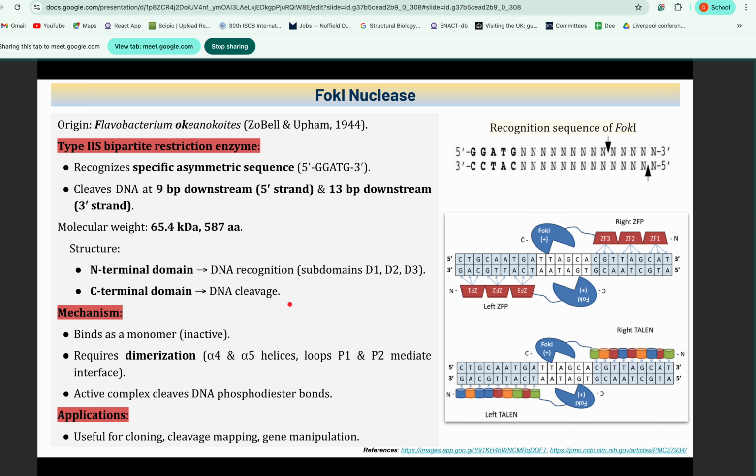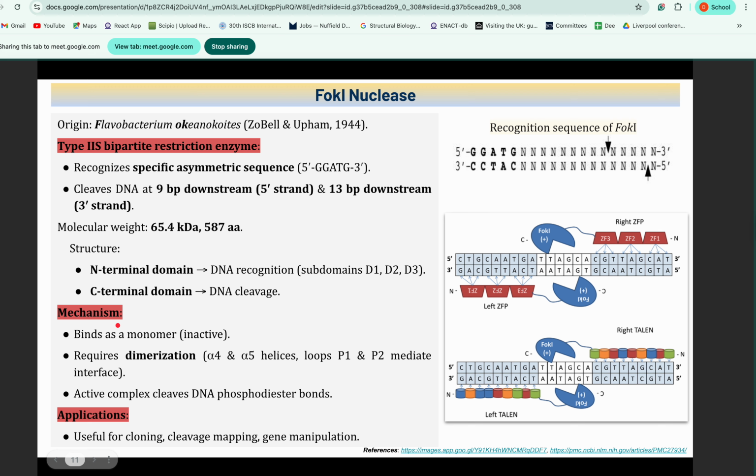In each restriction enzyme, you'll see there are at least 2 components. One component is responsible for identifying the recognition site and binding to it, and another component is responsible for the cleavage, which will make the cut. So in this case also, this is how we divide it: 3 subdomains and one cleavage domain, or C-terminal domain, which is responsible for the cleavage.